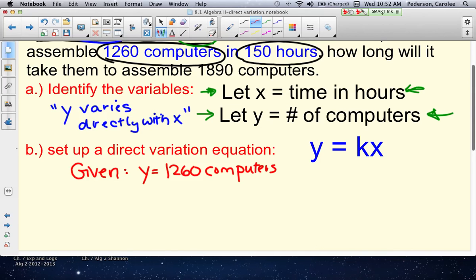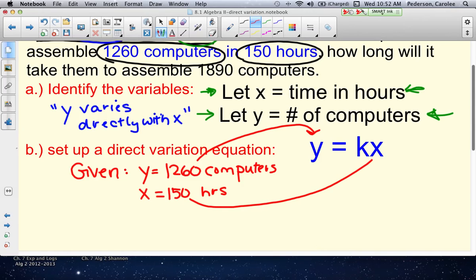And then x equals the time. It takes 150 hours for the workers to assemble those 1,260 computers. So now think back to the last 3 examples. We're going to substitute our givens in. So 1,260 goes in for y. 150 goes in for x.